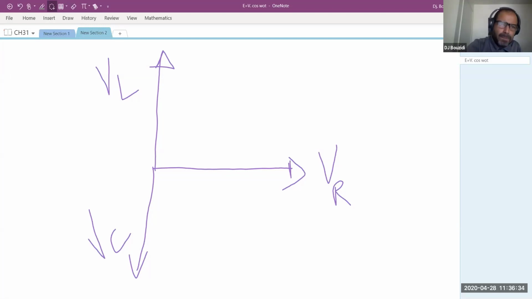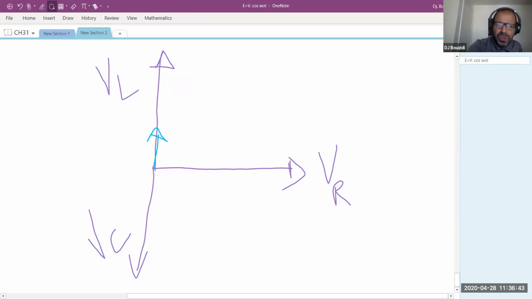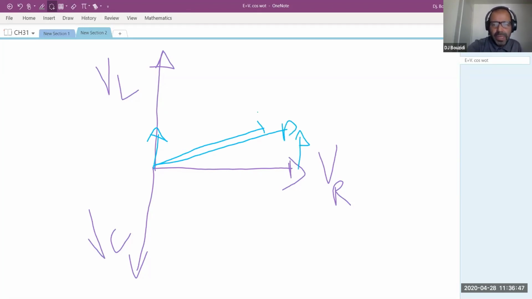Now, if I add up these two numbers in the y-axis, if you want to call it the y-axis, and their sum is here, so this is actually where the voltage is. This is the actual V, the power source, and this is the phi, the phase in this case.